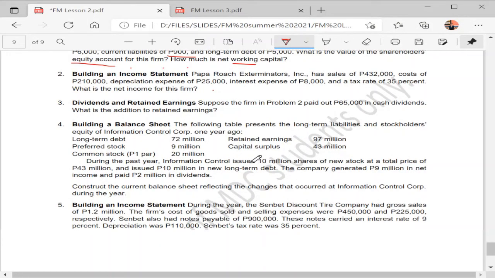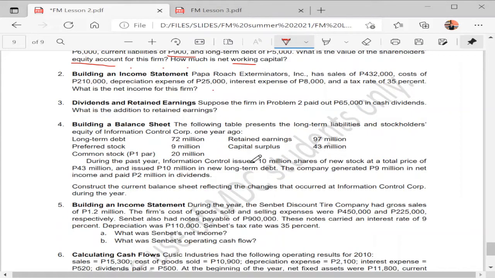Next question, number 2. This is with regards to computation of net income. So we have Papa Roach Exterminators. They have sales of 432,000, costs of 210,000, depreciation of 25,000, and interest expense of 8,000 with a 35% tax. What would be the net income of the firm?